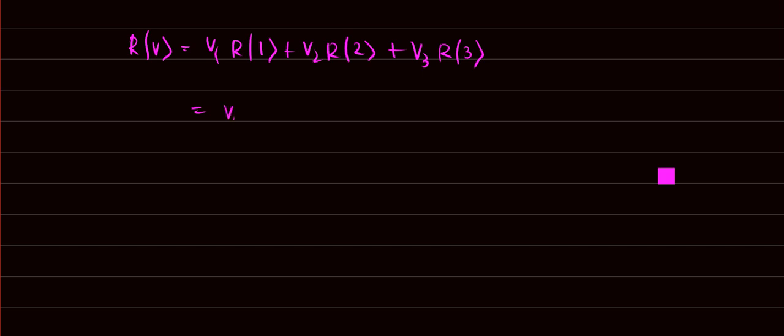So it will be v1, it will be v3, and this will be minus v2. So if we know how our omega transforms the basis vectors, we can easily find what action it will do on any vector V.